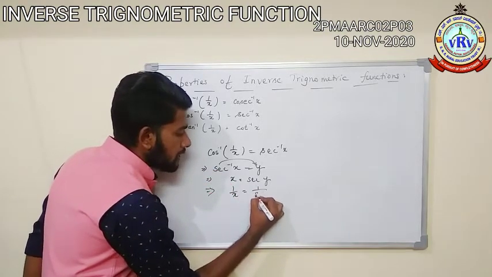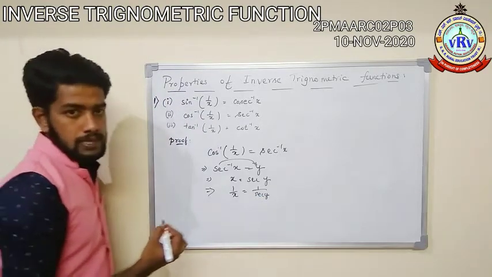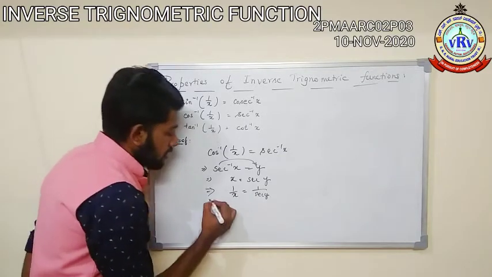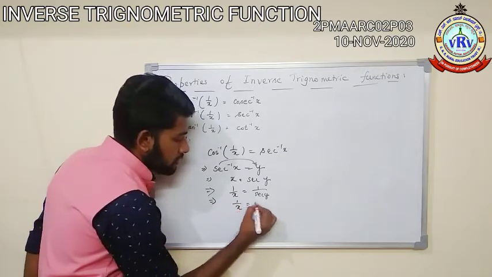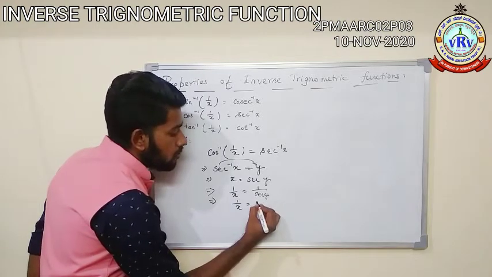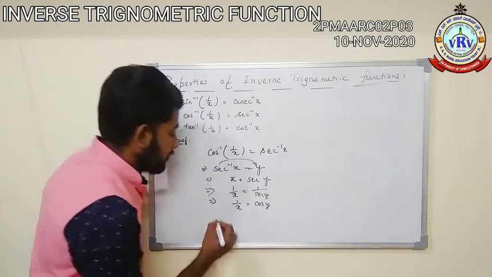It becomes 1 by secant y. 1 by secant function is nothing but the cosine function, right? 1 by secant y is equal to cos y.